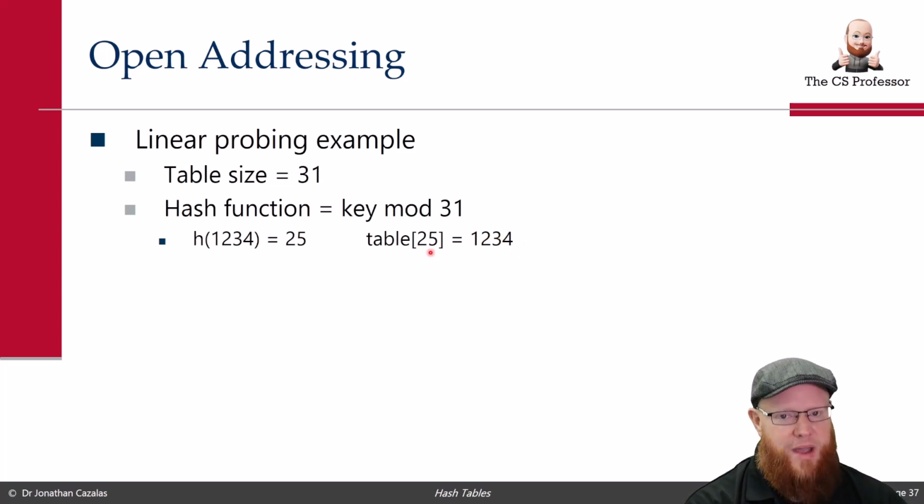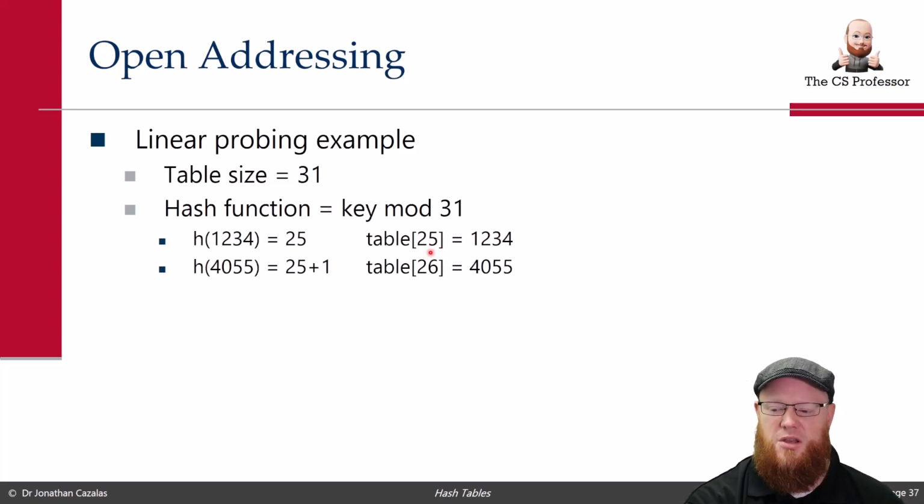Next person, by design, the key used immediately causes a collision. If you take 4055 and divide it by 31, you're going to get a remainder of 25. Well, we can't put 4055 at index 25 because we already have 1, 2, 3, 4 at index 25. So what do we do? We simply put them at the next index, which is index 26, and that's where 4055 goes.